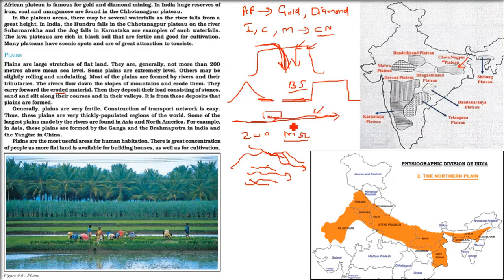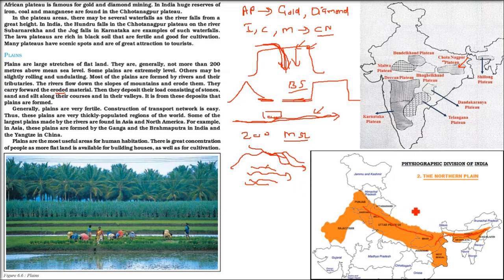Also, you can make roads easily, you can set up industry, you can build your house, and the climate is also suitable. So generally you see a dense population. The Gangetic Plain, this orange color, and this is the northern plain, the Gangetic Plain and the Brahmaputra Plain. We have dense population here. The Uttar Pradesh population is more than 21 crores. Why?